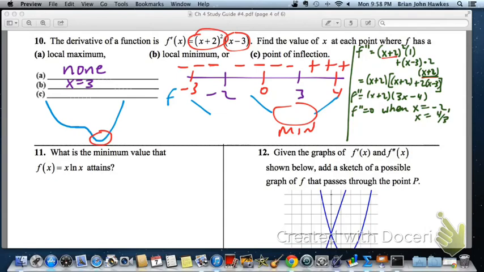Well, we need an f double prime chart, or we need to do the f double prime test. -2 and 4/3. So to the left of -2, you can see we have an inflection point, hopefully, knowing what we know about our polynomial function here. We know it's a 4th degree polynomial because f prime is a 3rd degree.